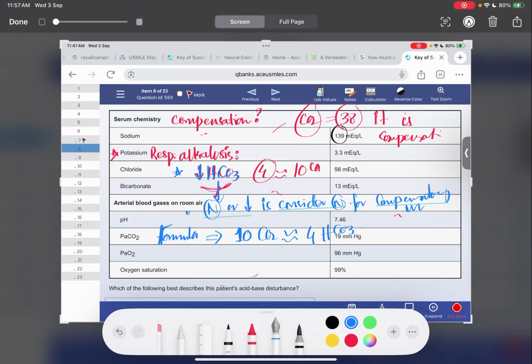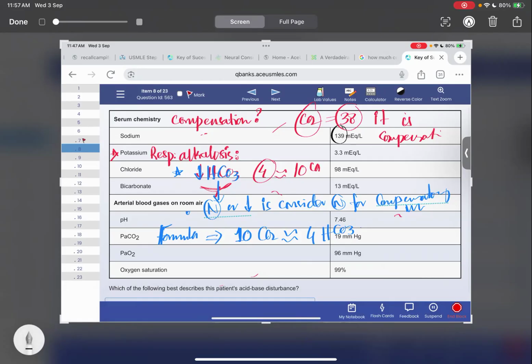I will explain in simple terms. How much bicarb do we have? 13. And how much carbon dioxide do we have? 19.